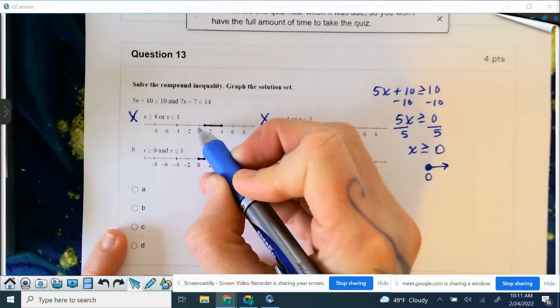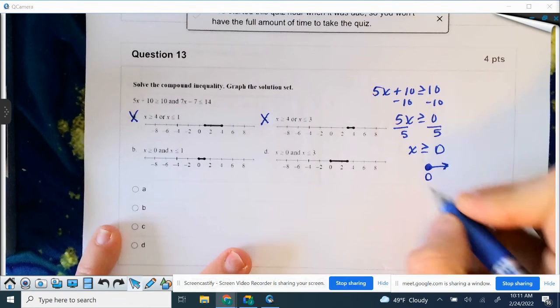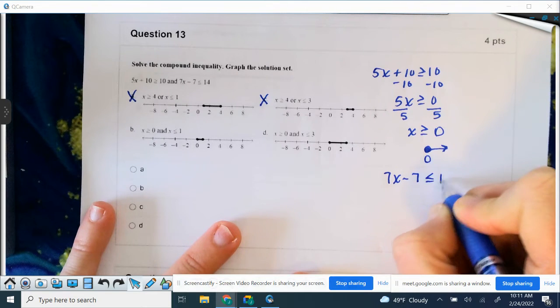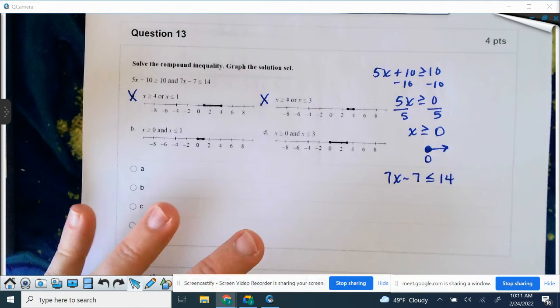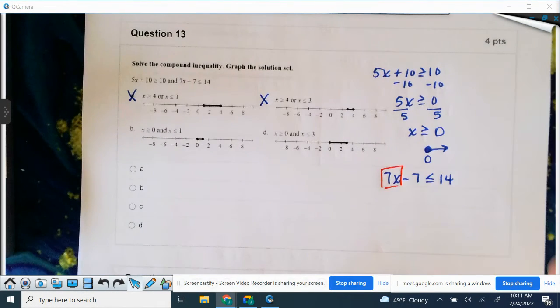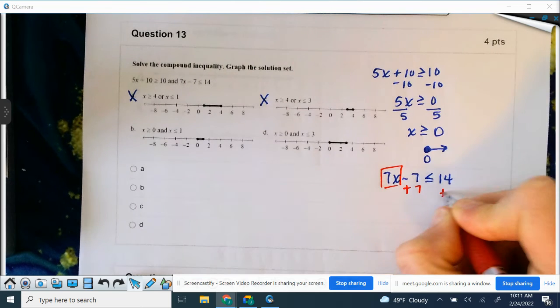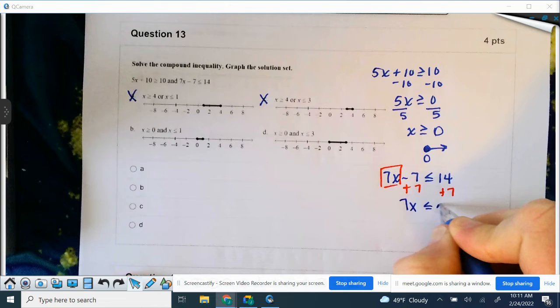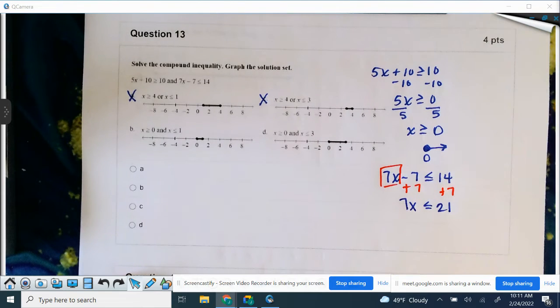0 is over here. And then to solve our next one, 7x minus 7 is less than or equal to 14. One sec, sneeze, sorry guys. All right, we're going to add 7 to both sides. 7x is less than or equal to 21.